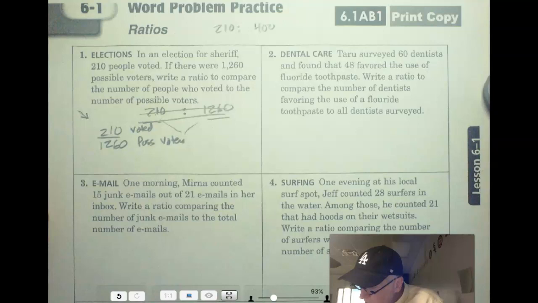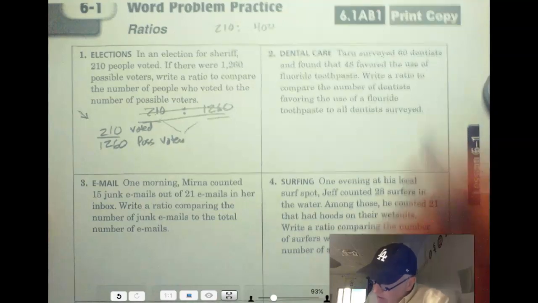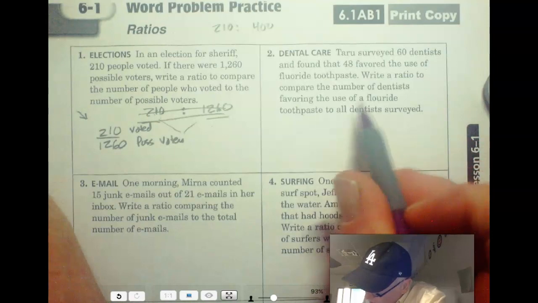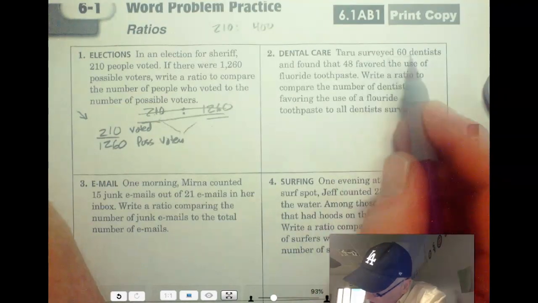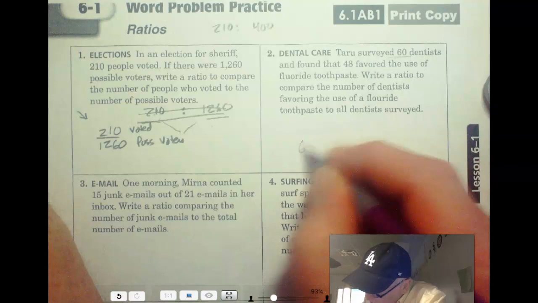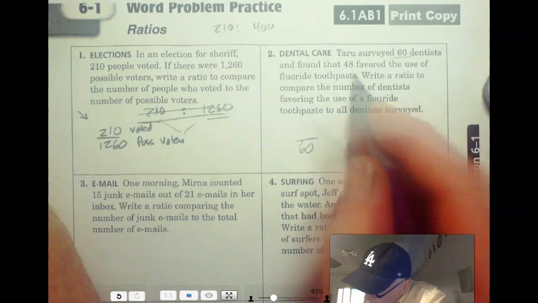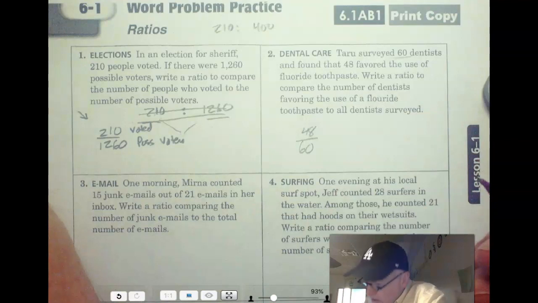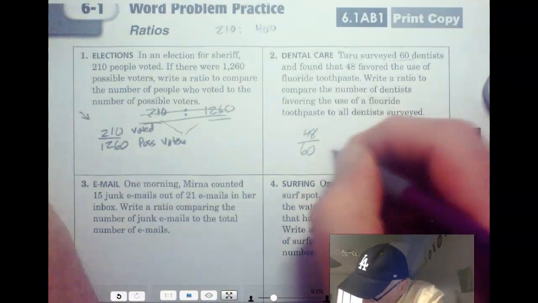Tarou surveyed 60 dentists and found that 48 favored the use of fluoride toothpaste. Write a ratio to compare the number of dentists favoring the use of fluoride toothpaste to all dentists surveyed. Well, 60 surveyed and 48 preferred it. So this is surveyed.